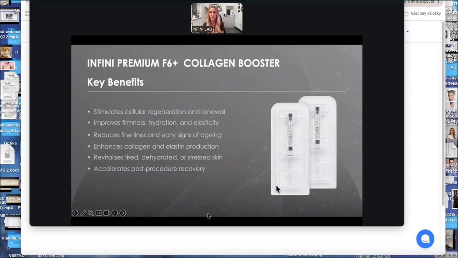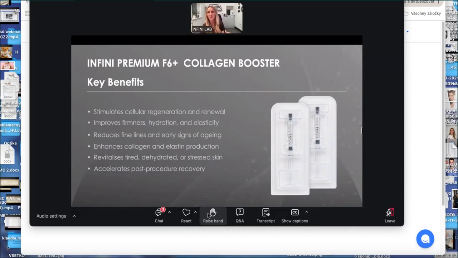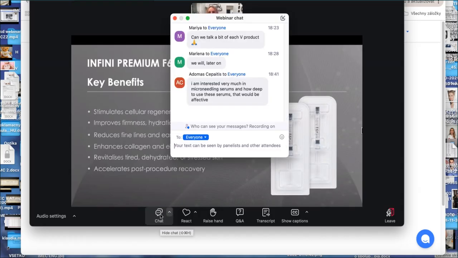So we have type 1 collagen, type 3 collagen, and elastin. This combination is something we very rarely see in mesotherapy, because usually we have components which cover one or the other. F6 works deep within the matrix. We have hyaluronic acid, soluble collagen, hydrolyzed collagen, and amino acids, which together form a complete set of building blocks and energy sources for fibroblasts to truly work, because this is our key for stimulation.